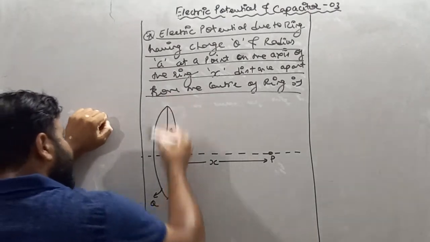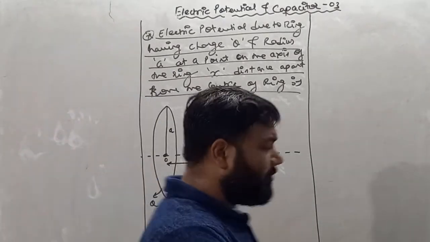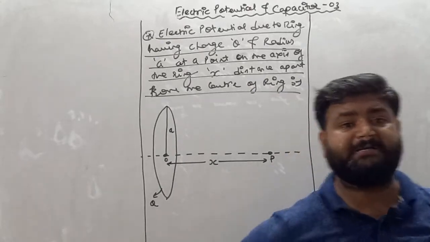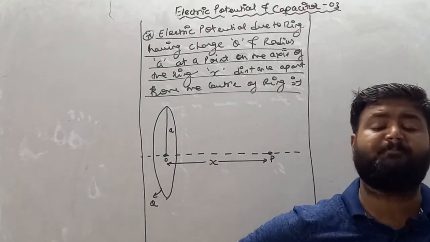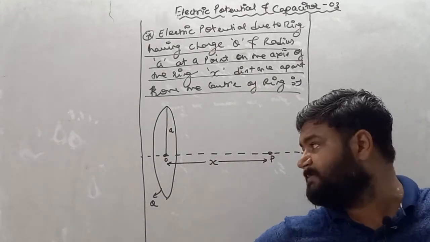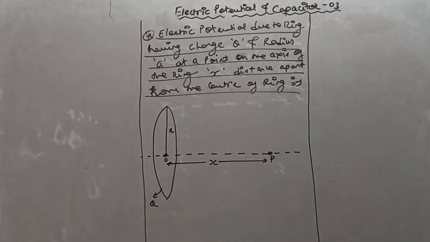Now see, as we know that ring is a continuous body, not a point body, or we can say ring is not a point charge. If any charge is present on a ring, then that charge is not considered to be a point charge, my dear student, because ring is a continuous body. If charge is present on a ring, then the charge must be continuous charge.